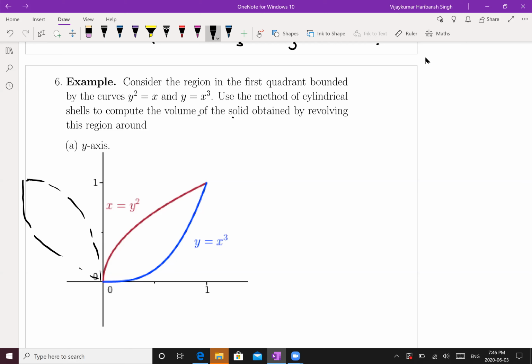Right? So now you will employ the method of shell around the y-axis. So we need to basically find the cylinder which you're going to rotate. So the typical cylinder will look like this.